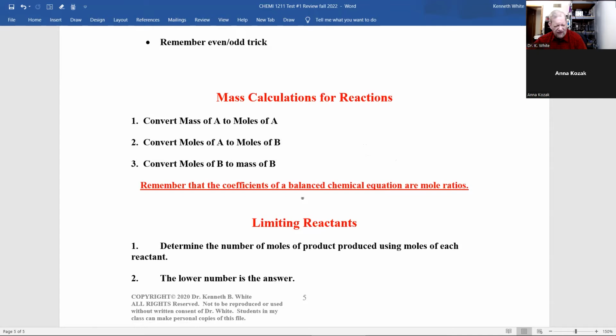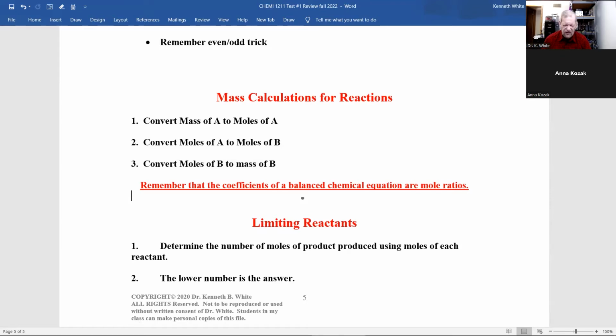Now, the last part, one thing I want to talk about for the review for test number 1 that you'll be taking next week at the testing center, is what's called limiting reactants. Here you're given a balanced chemical equation and 2 of the reactants. And you're asked, based on the 2 reactants, how many moles of product will you make?